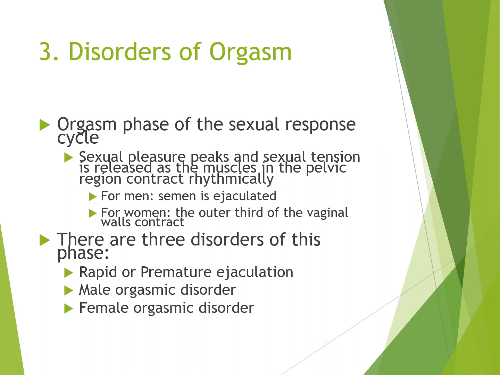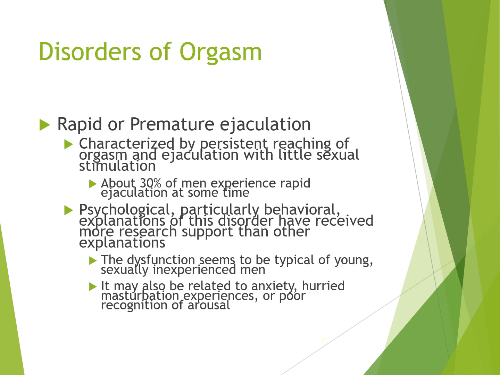For example, for women, the outer third of the vaginal walls will contract. But there are three main disorders in this phase. We have rapid or premature ejaculation, male orgasmic disorder, and female orgasmic disorder.